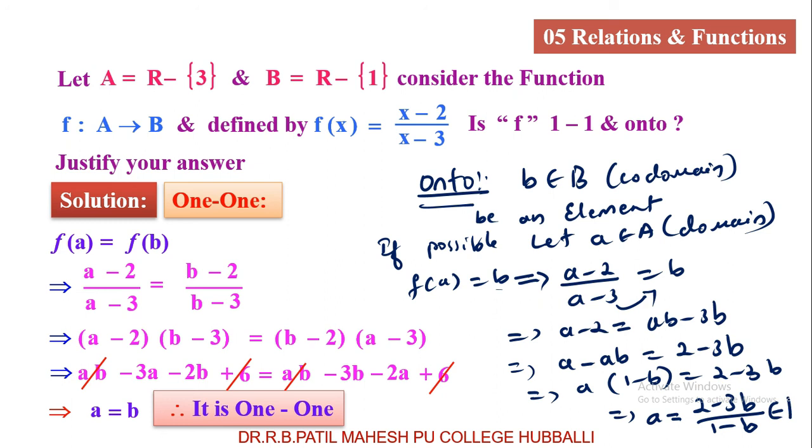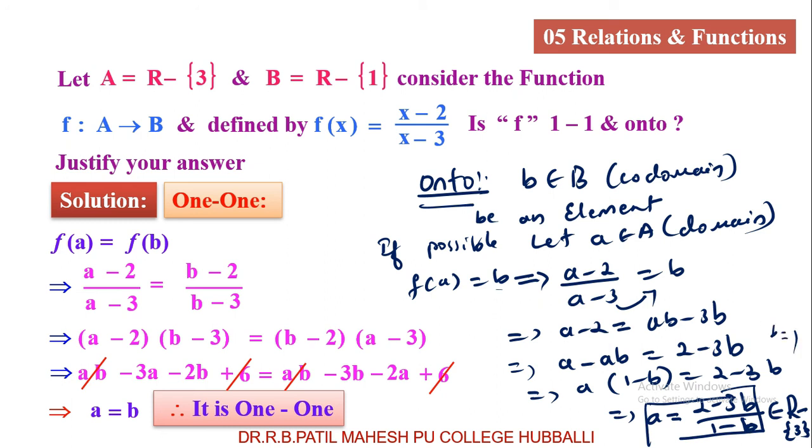What is the domain? R minus the set {3}. You can check, this definitely belongs to the set A, that is R minus {3}. Remember students, b you will not take as 1. Some students may think, sir, in the denominator we may get 0. When do we get 0? When you take b equal to 1.